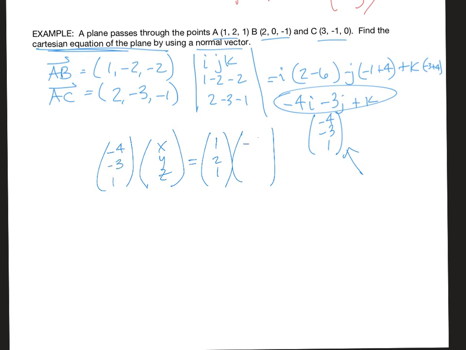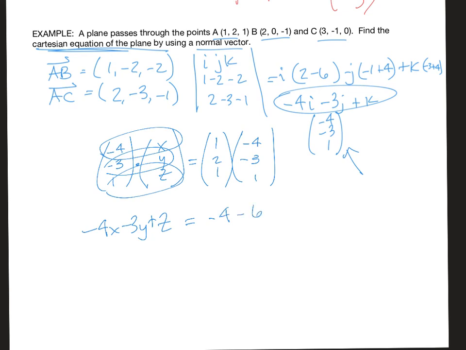Check this out. -4, -3, and 1. Okay, so keep in mind, dot product over here is -4x minus 3y plus z. Dot product on the other side is -4 minus 6 plus 1, or in other words, if I simplify that, I get negative 9.